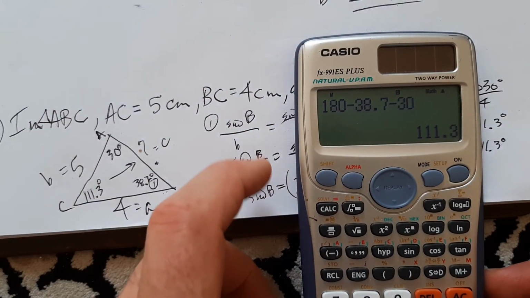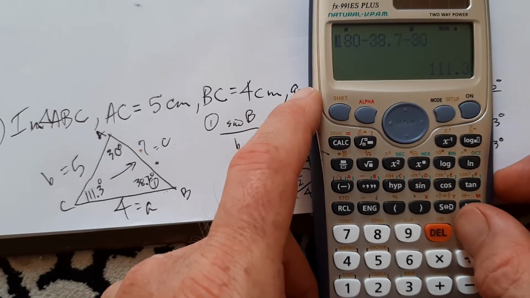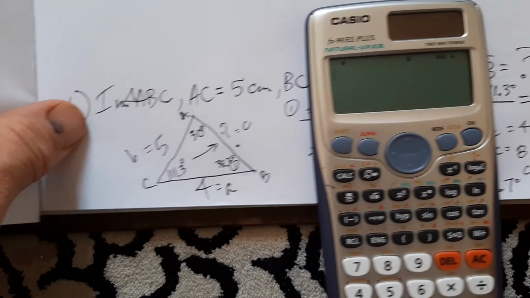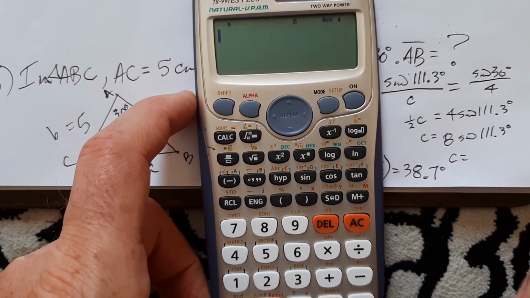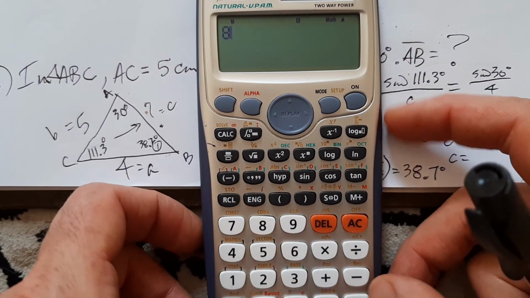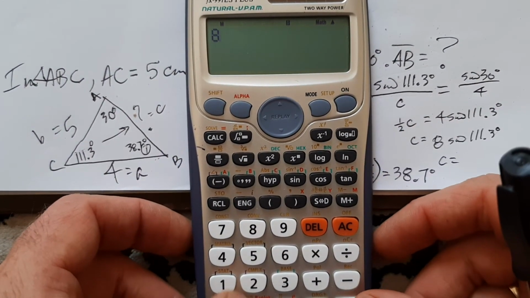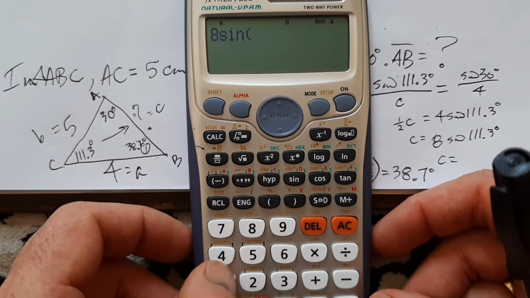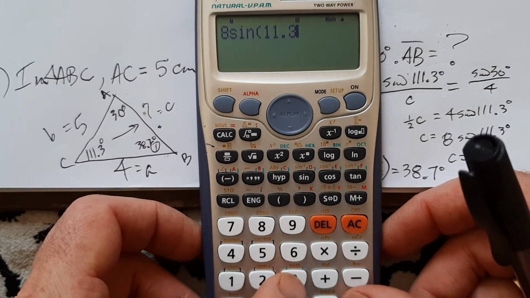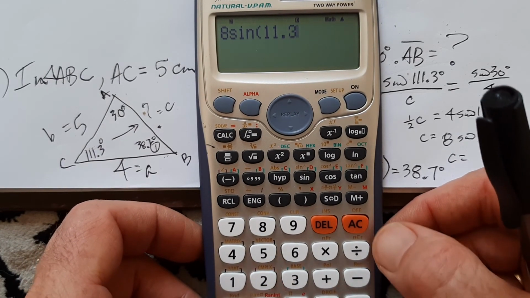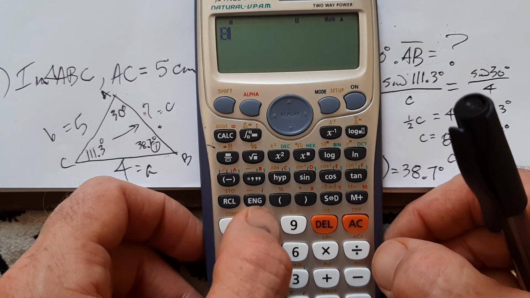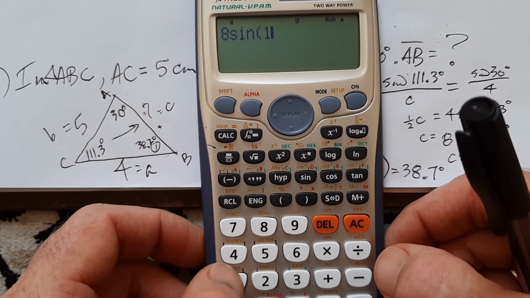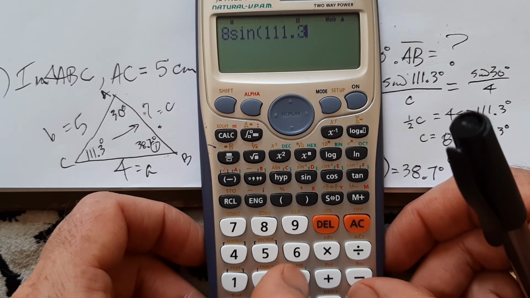You can put it all in at once. Clear. I'm going to have 8 times sine 111.3. Oops, not 11.3. 8 sine 111.3, equals.